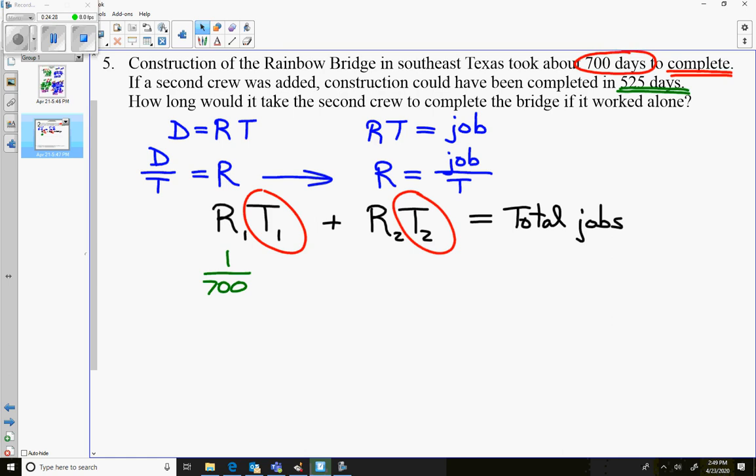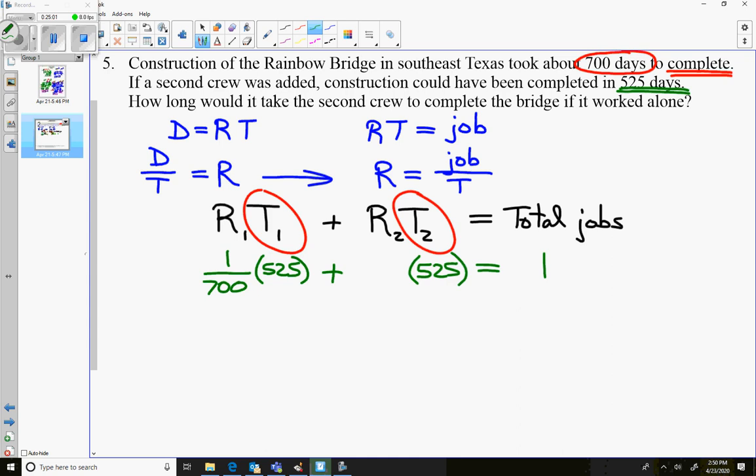In this case, if a second crew was added, construction could have been completed in 525 days. That 525 days actually is the time. So the time for the first crew is 525. The time for the second crew is also 525. And we're wanting them to complete the bridge, so there is only going to be one total job.